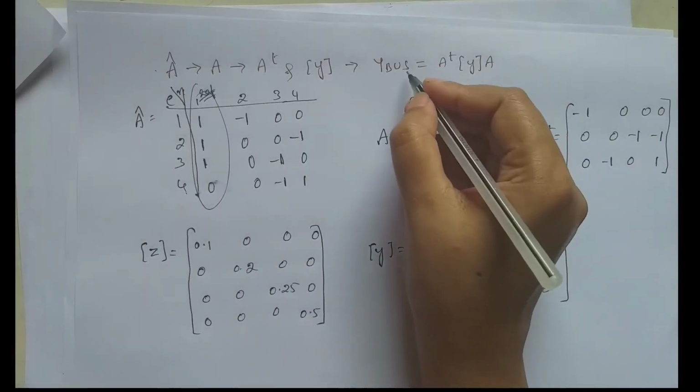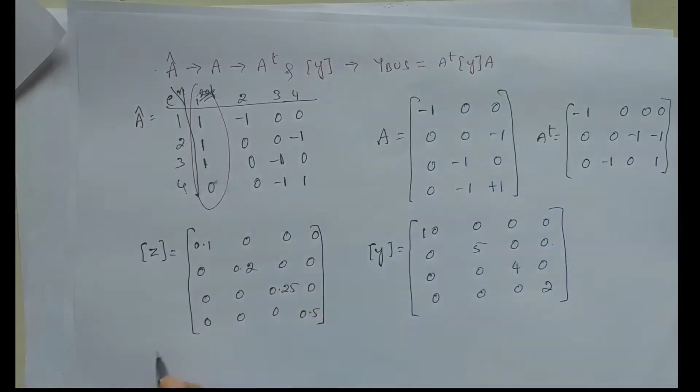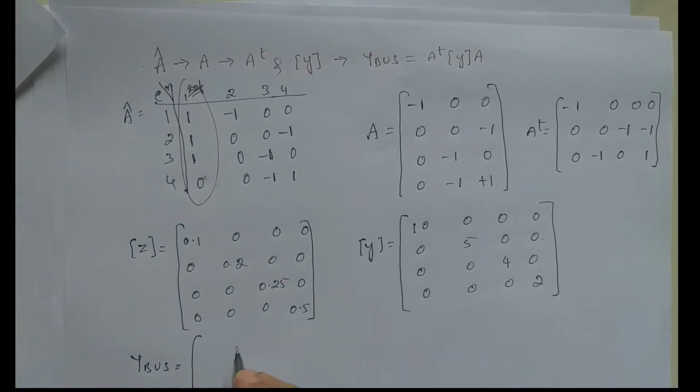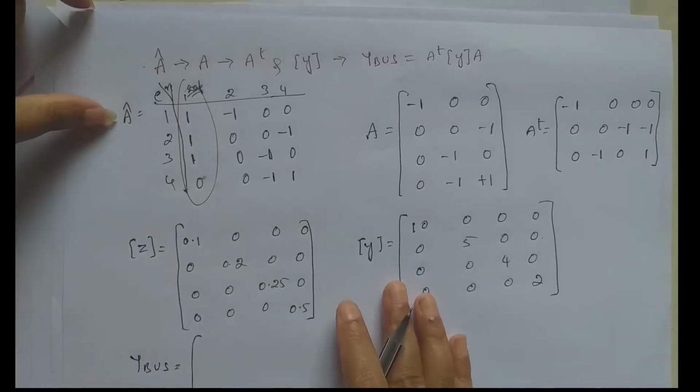Now we have to convert A transpose, A and Y to Y bus. Y bus is equal to A transpose Y A; we'll write it on another sheet.